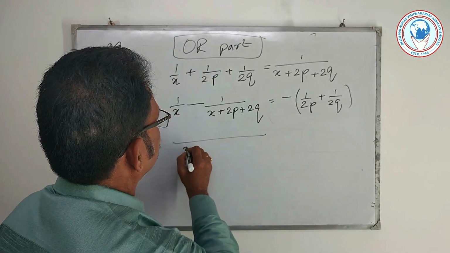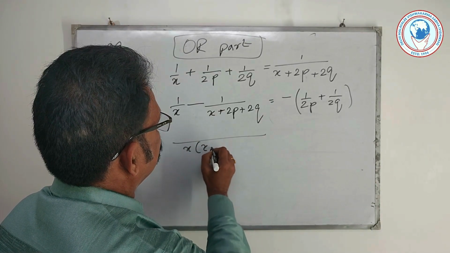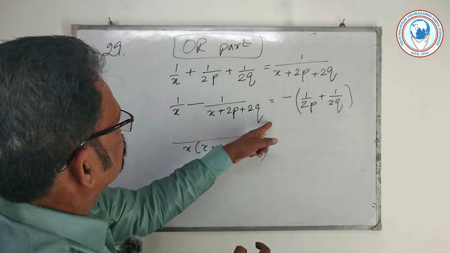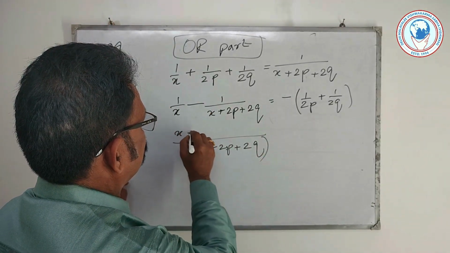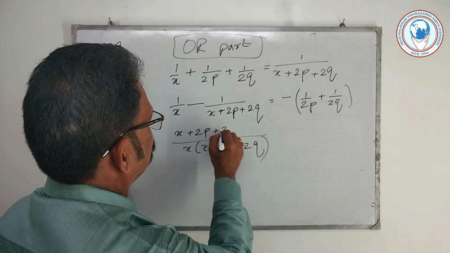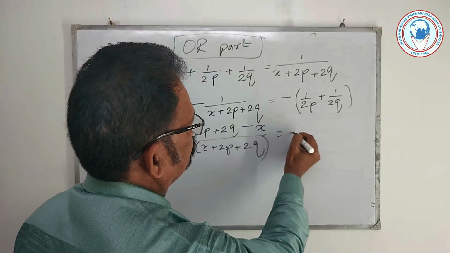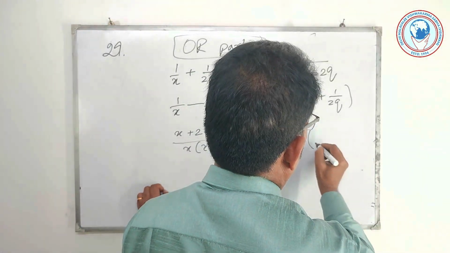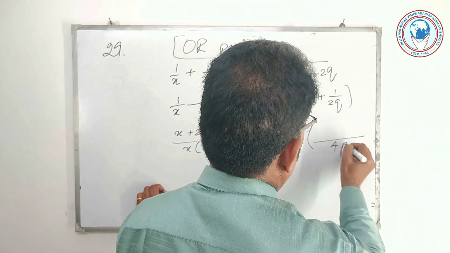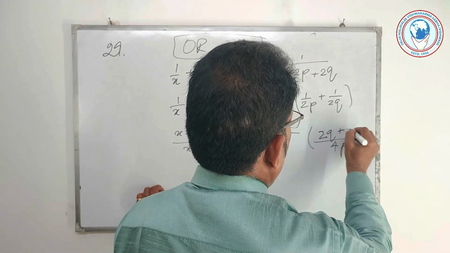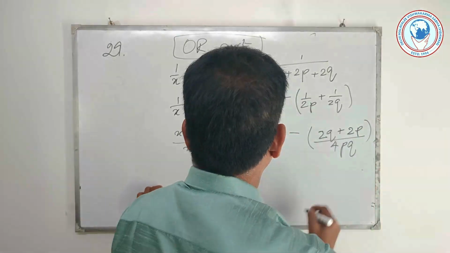Taking LCM, x into x plus 2p plus 2q, here it becomes x plus 2p plus 2q minus x into 1, equal to minus of 2q plus 2p.